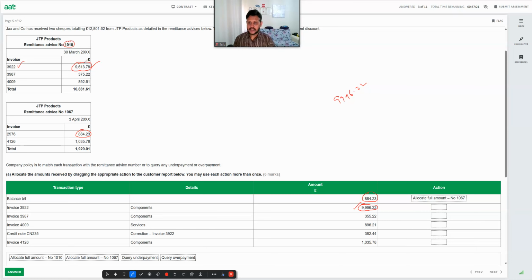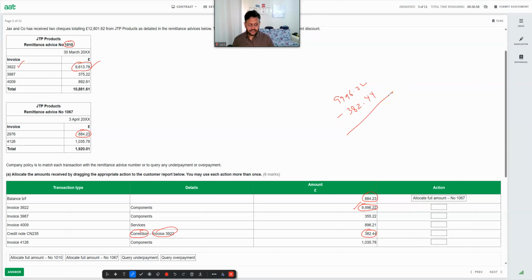But I don't know if there is any credit note or not, because we didn't check yet. I need to see, is there any credit note here? So I can see I have a credit note that is correcting the invoice 3922. I want to check that, and the amount was 382.44. So minus 382.44.